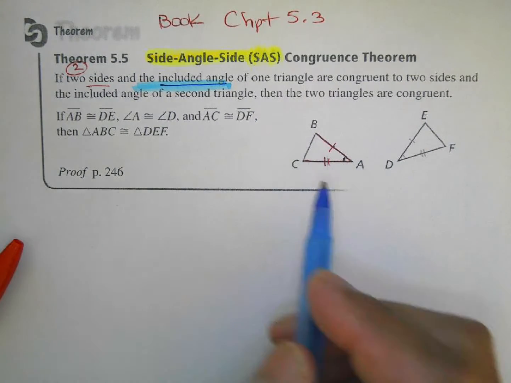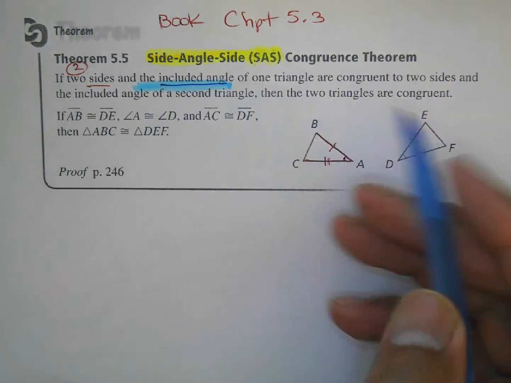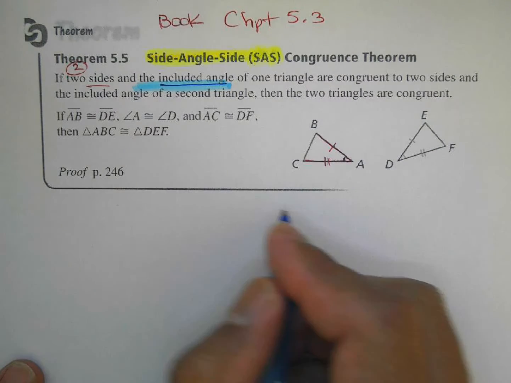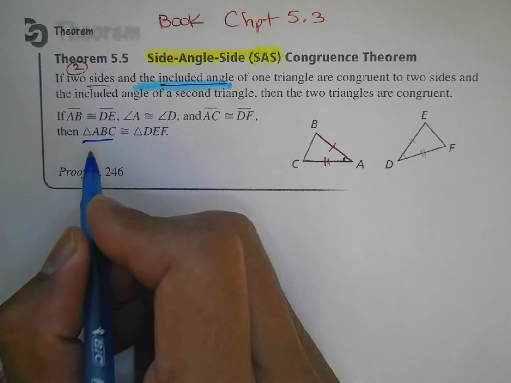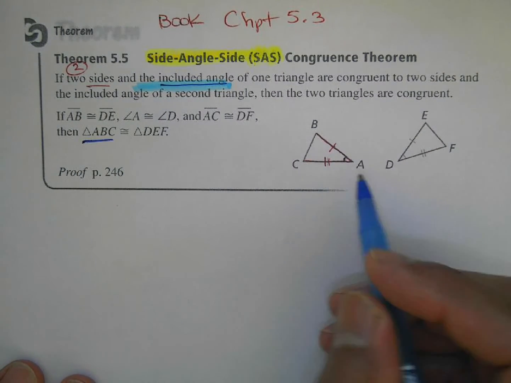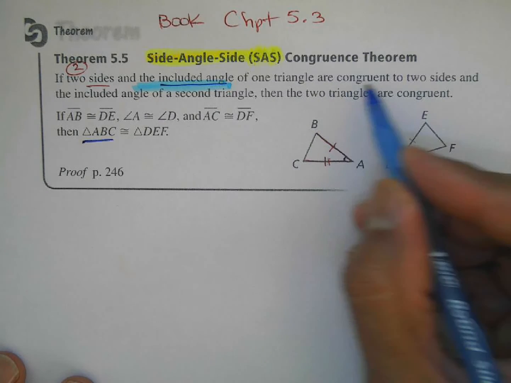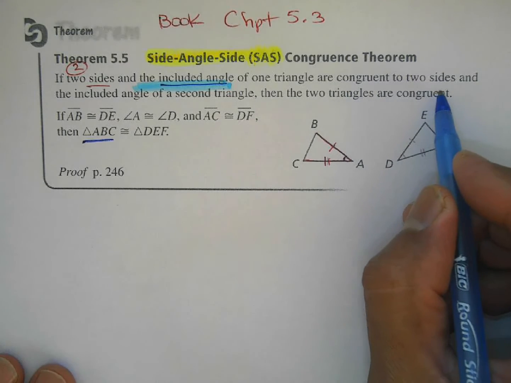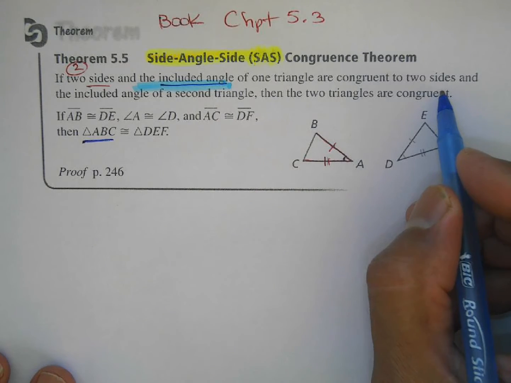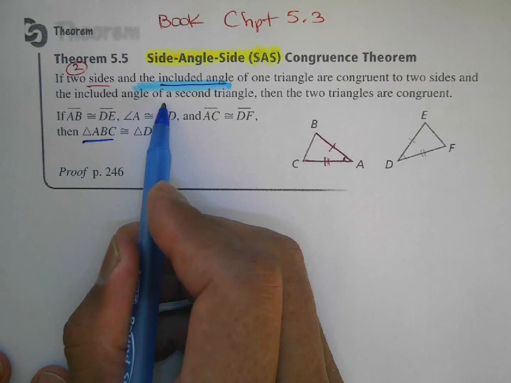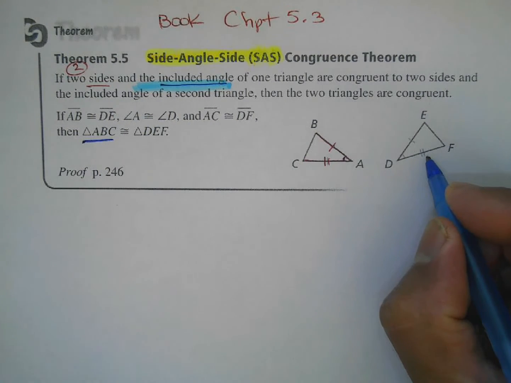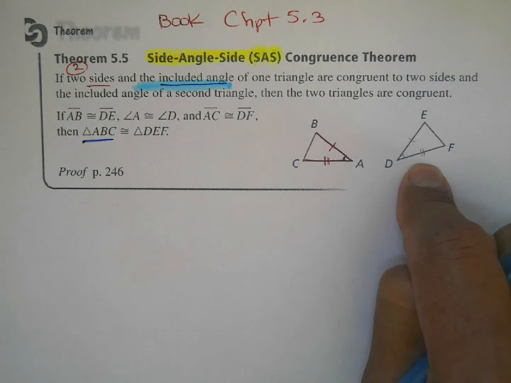If the two sides and the included angle of one triangle, in this case triangle ABC, are congruent to the two corresponding sides and the included angle of a second triangle, here's my second triangle.